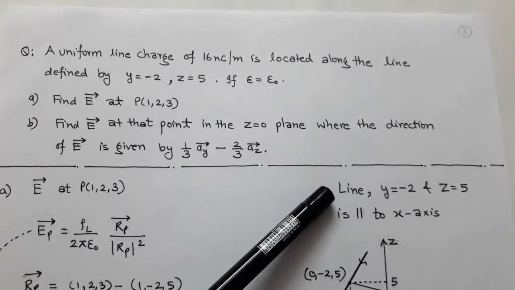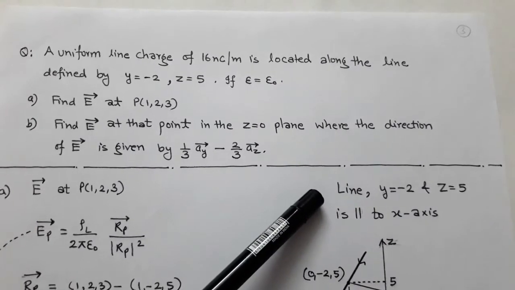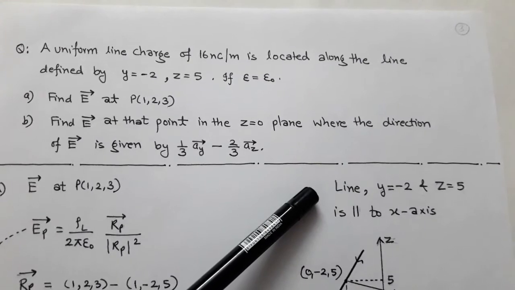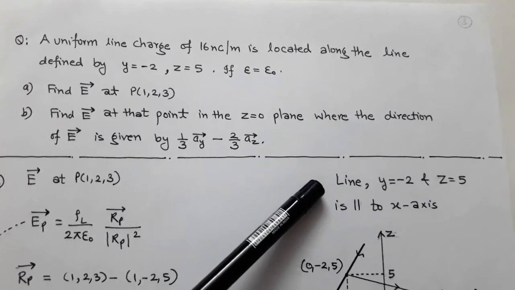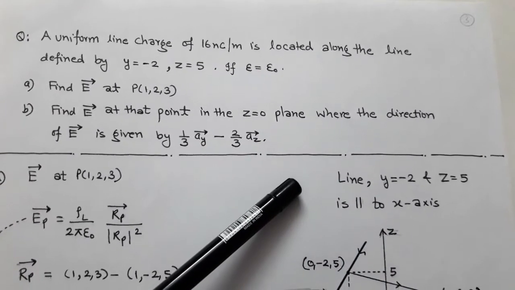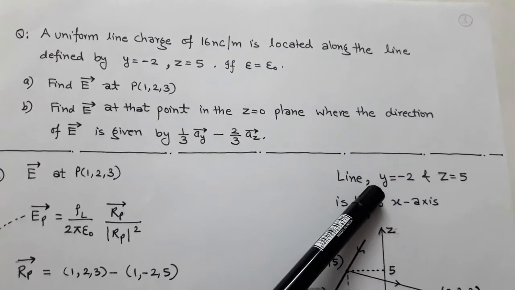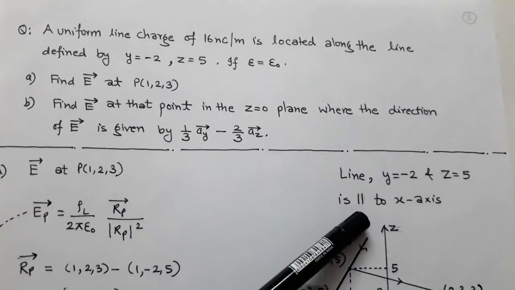Since this is the Cartesian coordinate system xyz and two values are given, y equals minus 2 and z equals 5, they define a line. So this line is parallel to the x-axis, because x is not given, only y and z coordinates are given.